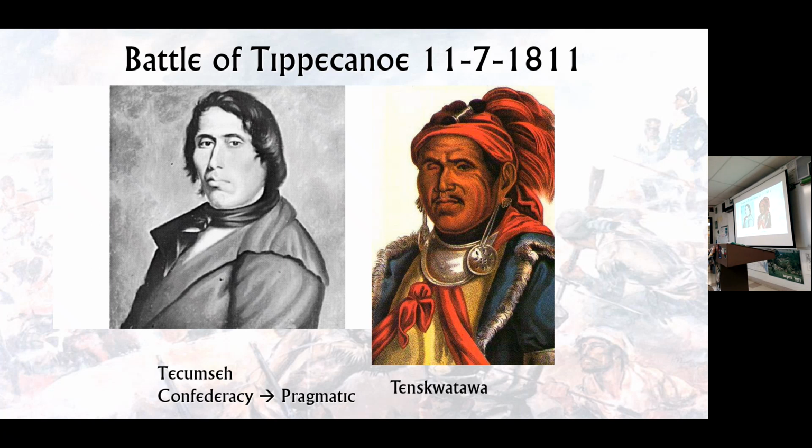And Tecumseh in 1811 actually went down to these southern tribes, especially the Choctaw and the Creek, to try to get them, the powerful tribes down here, to join the Confederacy. He started this Confederacy and left his brother, who is right next to him, in charge.